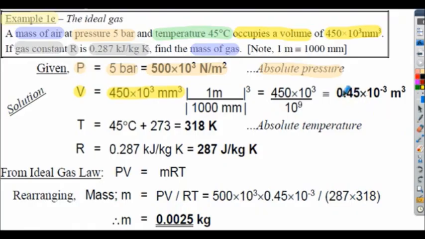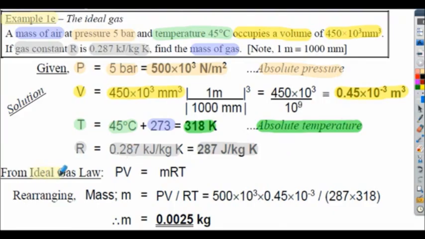So my volume converts to be 0.45 times 10 to the negative 3 meters cubed. Temperature given is 45 degrees C, converted to K, my absolute temperature. And just note the R value is given as 0.287 kilojoules per kilogram K. So that's equivalent to 287 joules per kilogram K.